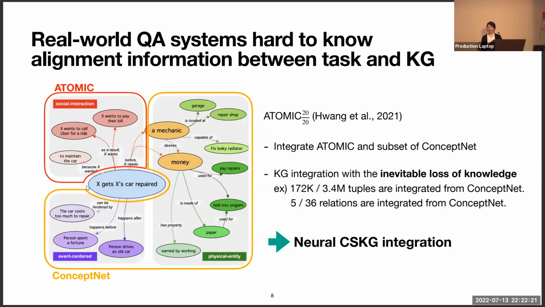Of course, the physical integration of the knowledge graphs can be a naive approach. However, there is inevitably a loss of knowledge because of the heterogeneity of the knowledge graphs. Therefore, we believe that neural CSK integration is needed.